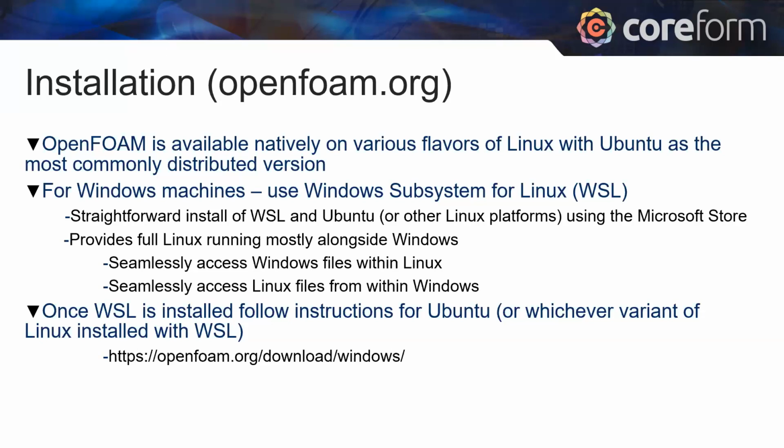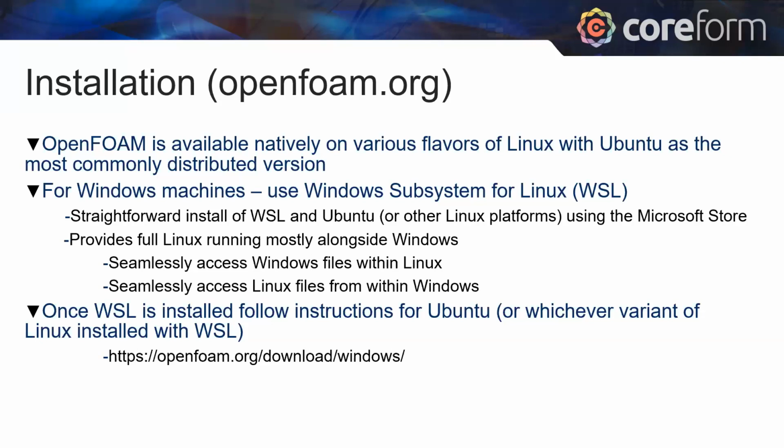For Windows machines, the easiest way to install OpenFoam is using the Windows subsystem for Linux, WSL. It's a fairly straightforward install of WSL and Ubuntu, or any other Linux platform, using the Microsoft Store.